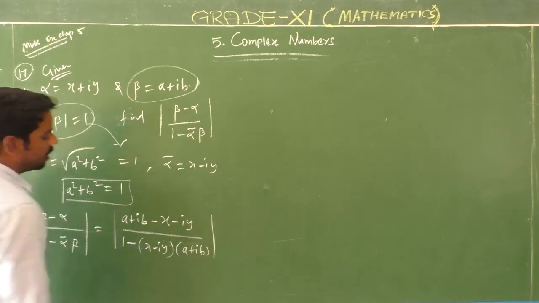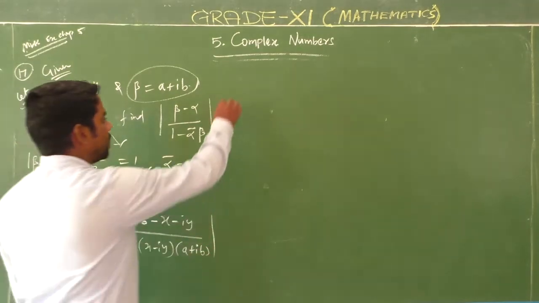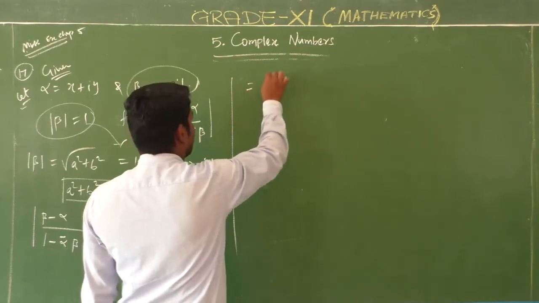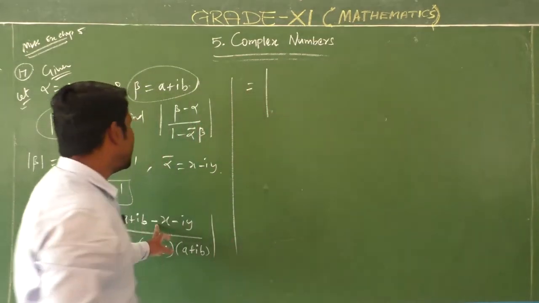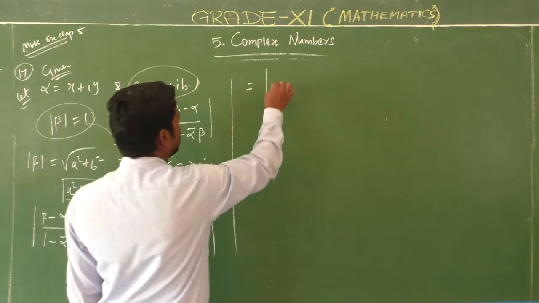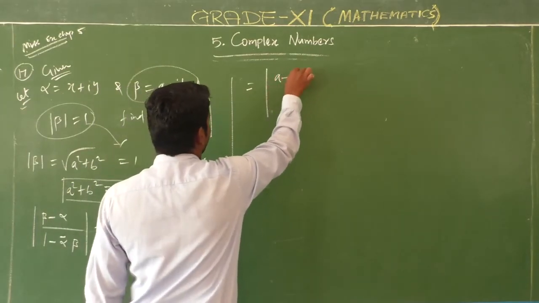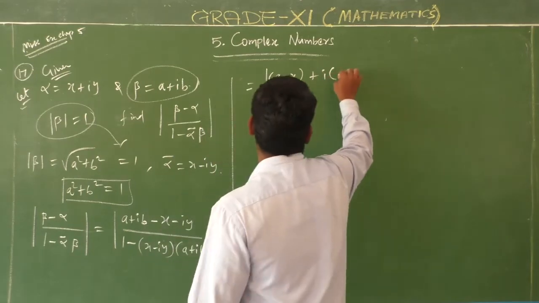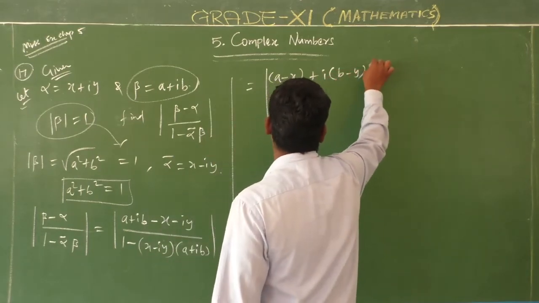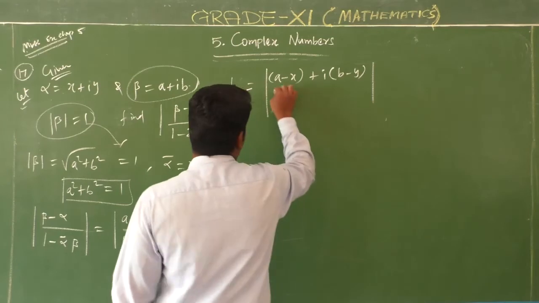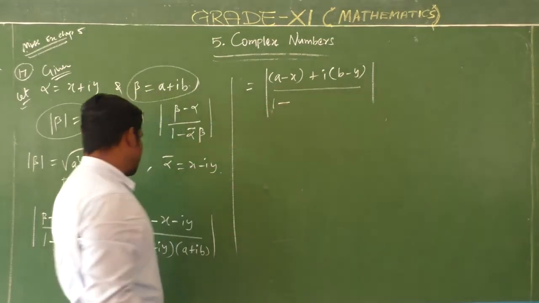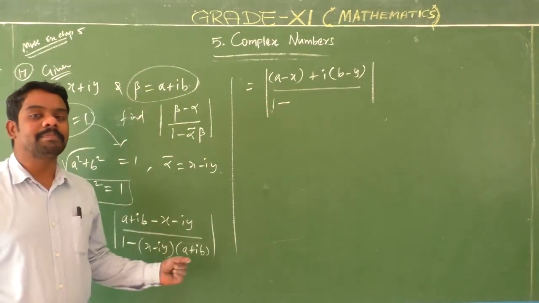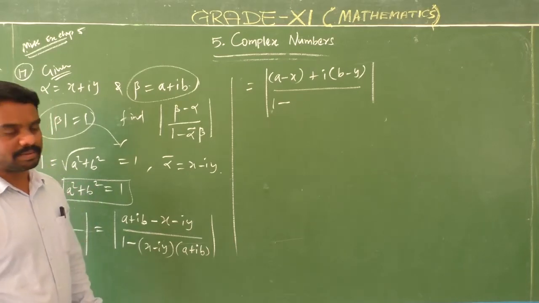Here the real part is a minus x, so a minus x plus i into b minus y, divided by 1 minus x minus iy into a plus ib. That is a multiplication of two complex numbers.